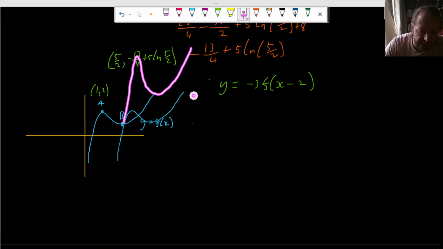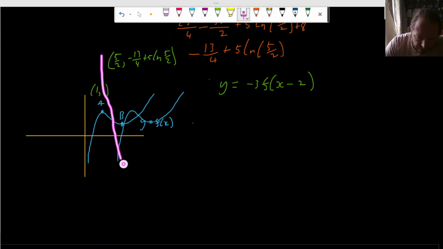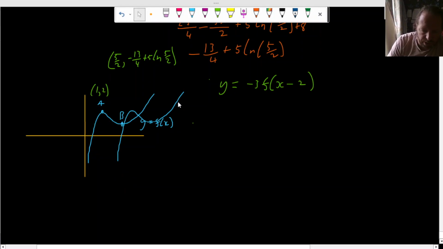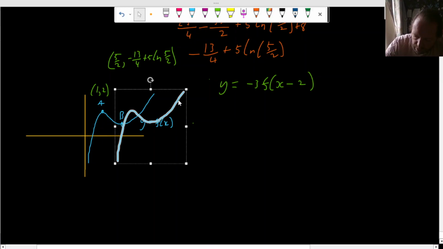But it is a minus 3. So it's actually coming down this way, okay, and up this way. Okay, so that's the sort of thing that we want to draw, to put on here. Alright, so let's get rid of that one.